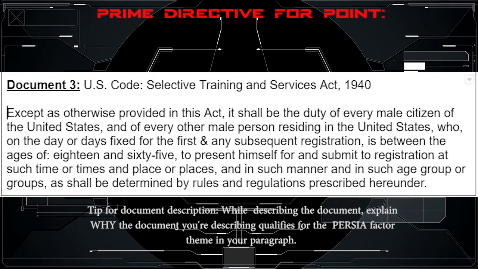So let's take a look at document 3 here, U.S. Code Selective Training and Services Act. Now, in describing this document, I say this document qualifies for political trends and factors because it is a law requiring every male within a certain age range, 18 to 65, to submit for a draft during peacetime.